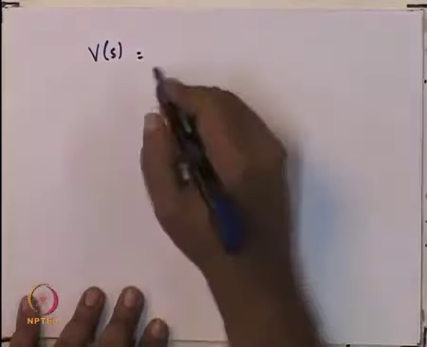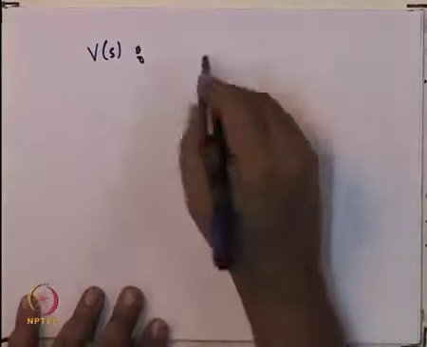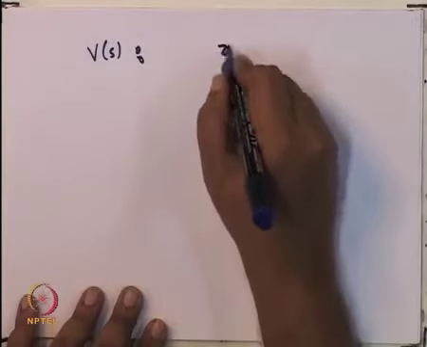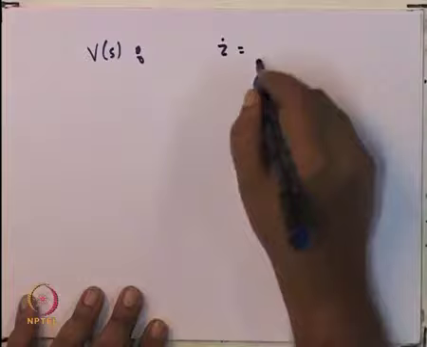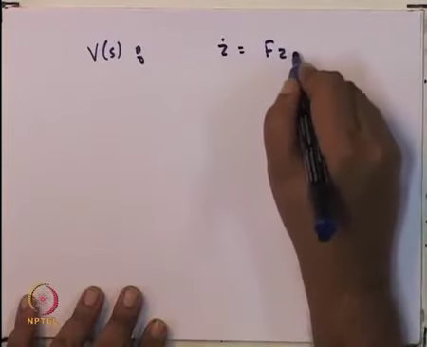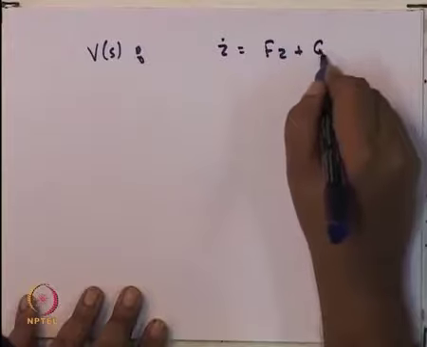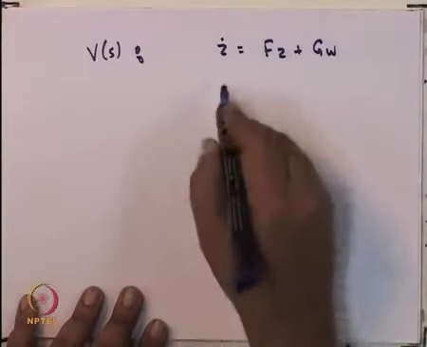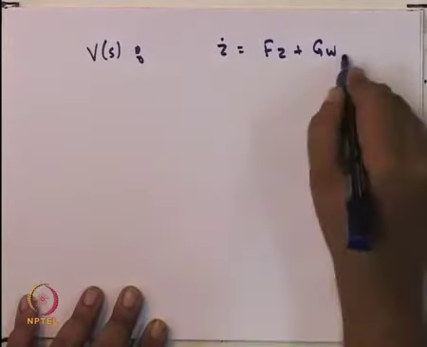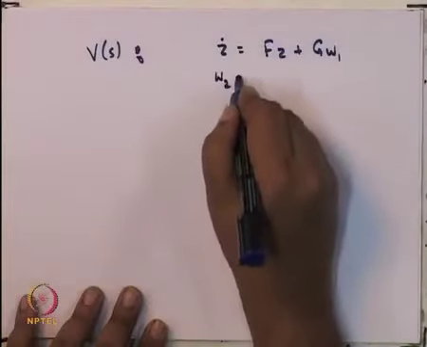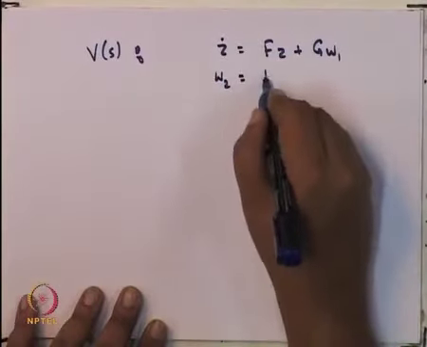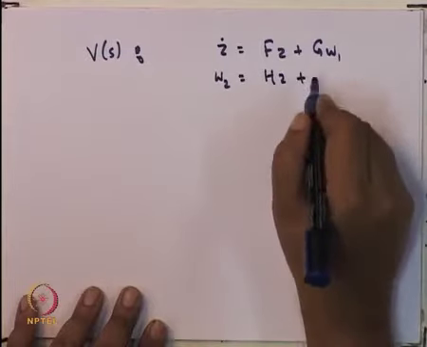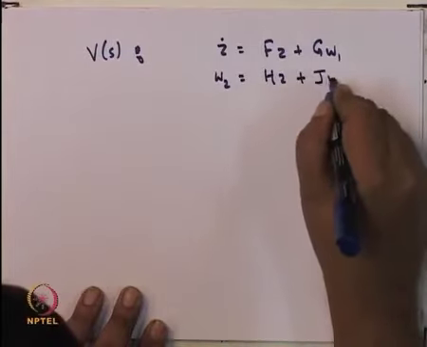In order to construct it, let us assume a state representation for V of S. Let the state representation of V of S be given in the following way: Z dot is equal to F Z plus G W1, where W1 is the input for this V of S, and then W2 is equal to H Z plus J W1.